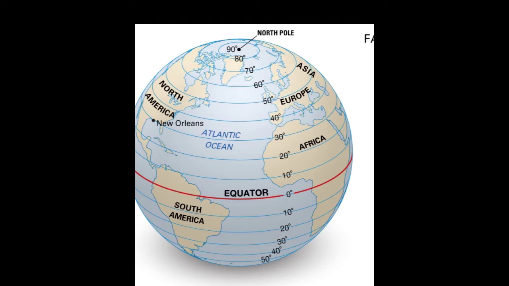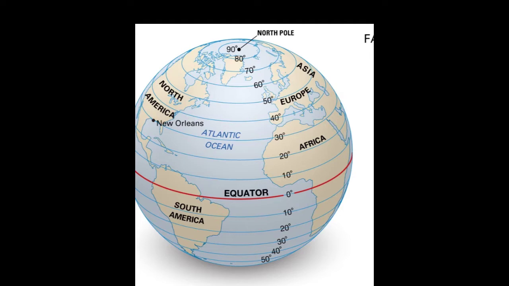As we go towards north or south, the angular distances of parallels go on increasing. As shown in this figure, the equator divides or bisects the earth into north and south. Towards the northern and southern hemispheres, parallels of latitude become smaller and smaller.